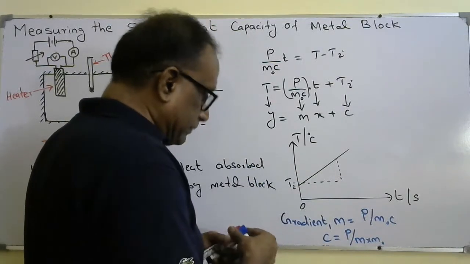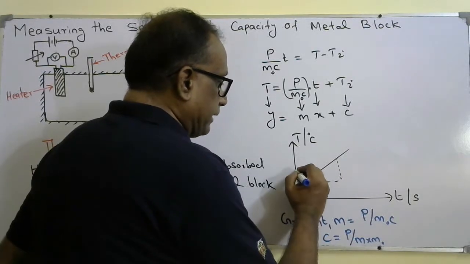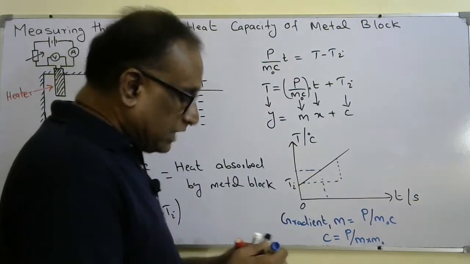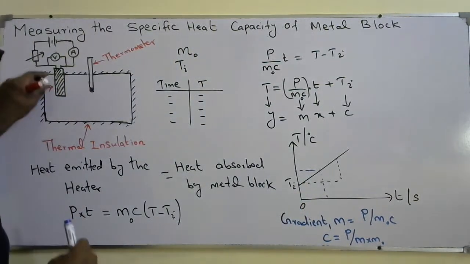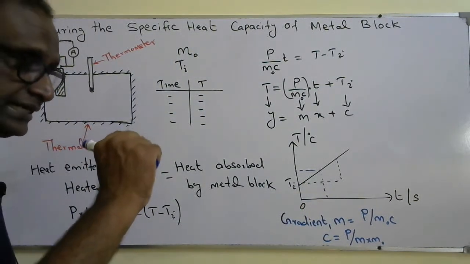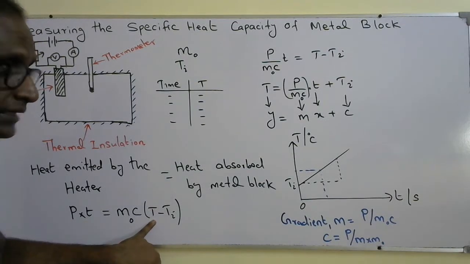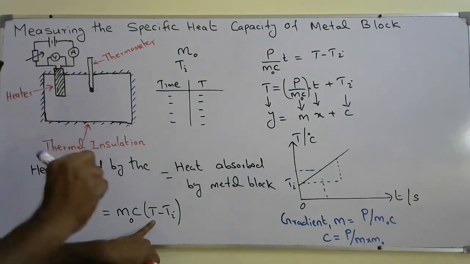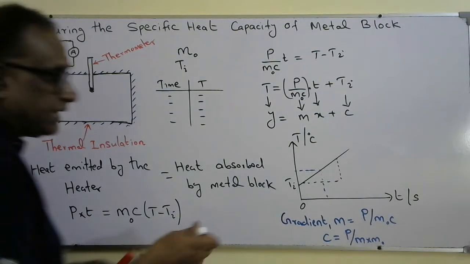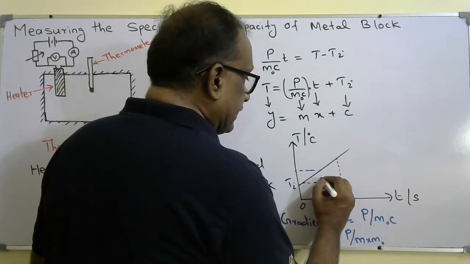At a particular time t, the temperature measured is T. But at the same time t, when I do the practical with a small portion of the heater outside the metal block, the temperature I measure will be lower than the actual value that should be obtained. So for the same time, the temperature will be lower, somewhere here.